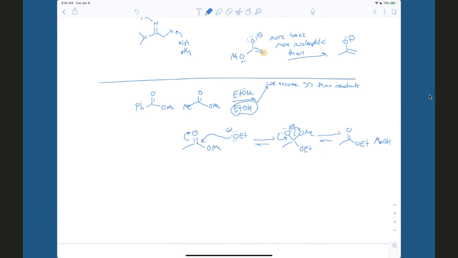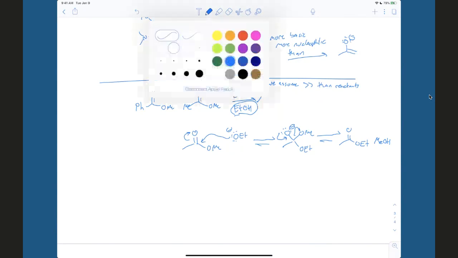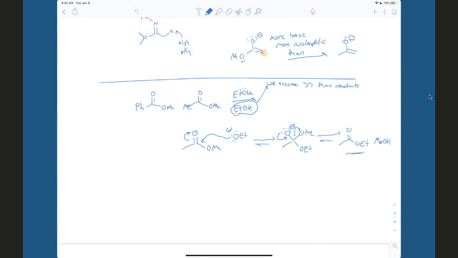And essentially we're going to have only these ethyl esters as reactants early on. The same thing will happen with the phenyl ester. The same process, a little bit back, but mostly going forward. And you'll make the ethyl ester.